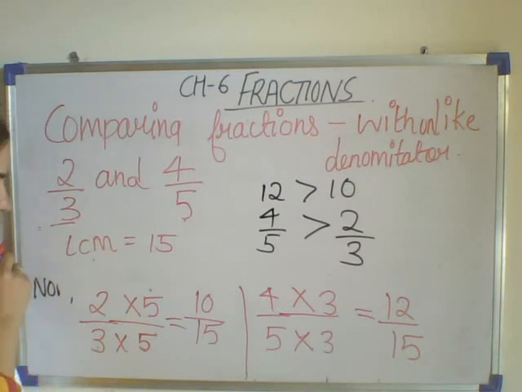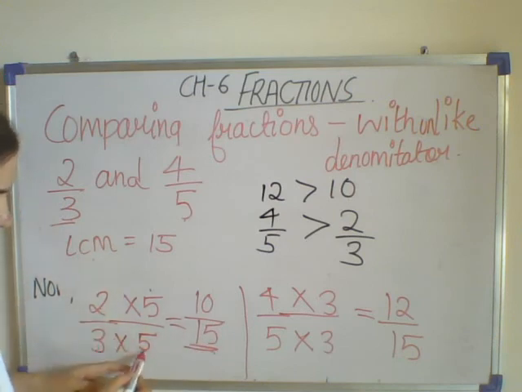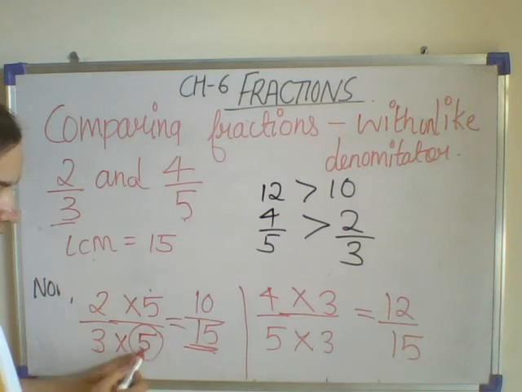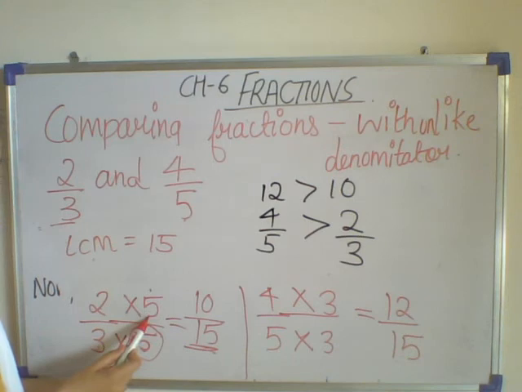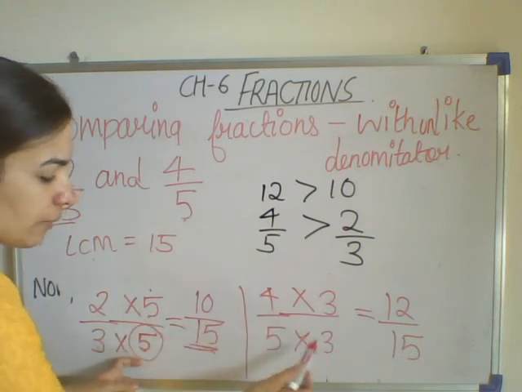Then what do you have to do? In the denominator, 15 should come, so you multiply the number with a number so that 15 will come. Here I am multiplying it with 5, and in the numerator also you multiply with the same number. Similarly, you do the same for the other number.